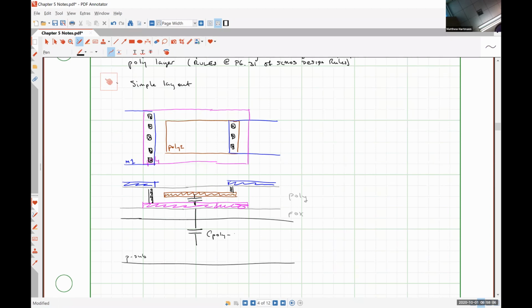So we have this parasitic capacitance between the poly layer and the substrate. We also have a parasitic capacitance between the metal 1 layer and the substrate over here, as well as over here. If we had additional metal layers, because obviously metal 3 is how we're going to send signals to and from this capacitor, we may have some associated parasitics there as well.